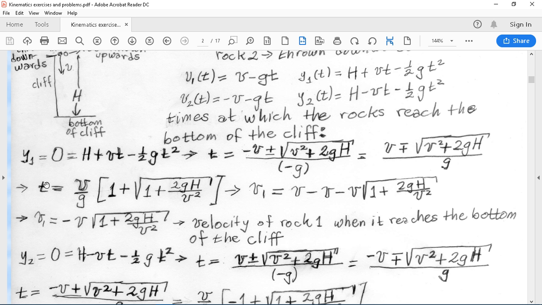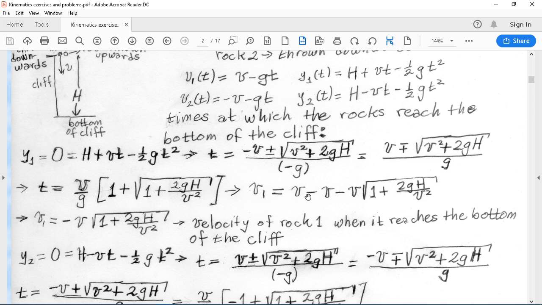So we are only left with t equals v over g, factor of the expression within the brackets, which is 1 plus the square root of 1 plus 2gh over v squared, which gives us this expression here.